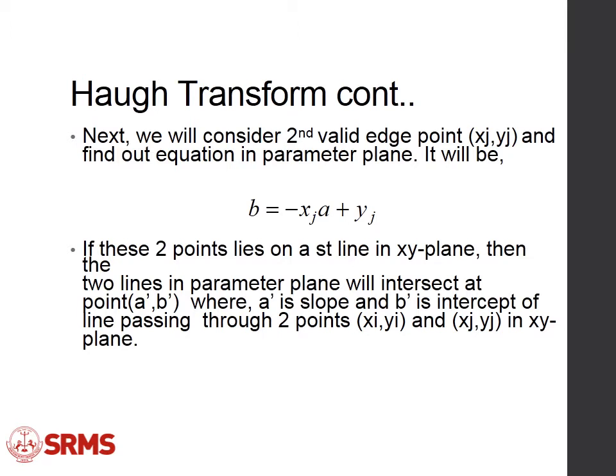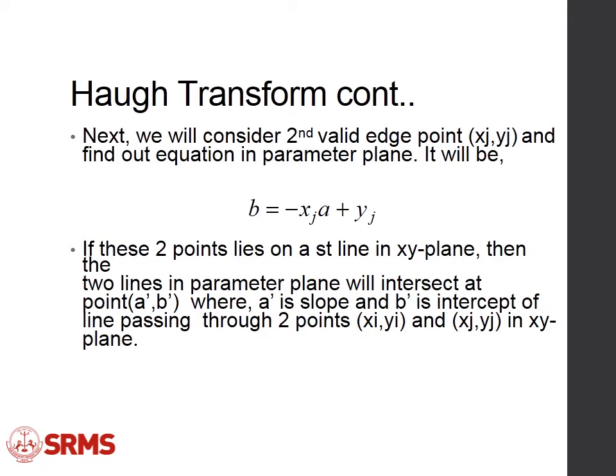Now the Hough transform says we consider the second valid edge point (xj, yj) and find the equation in the parameter plane. It is described by the equation b = -xj a + yj.